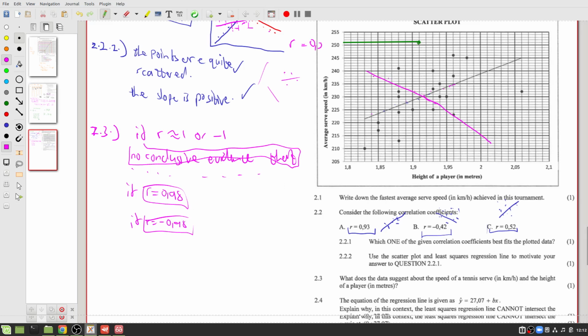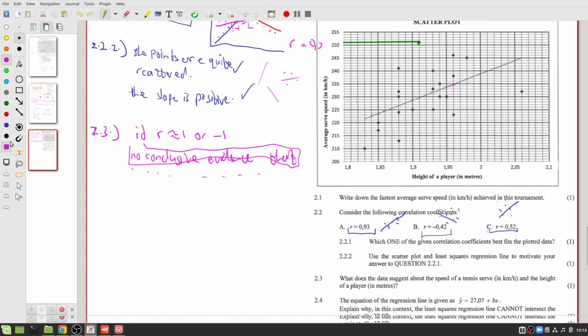Everything fits perfectly, so it's a good predictor. But that's obviously not going to be the case. It's common knowledge that if you're tall, it's quite likely that you get a faster serve. We could say it's possible here in our case, but it's not conclusive because the data is quite scattered.